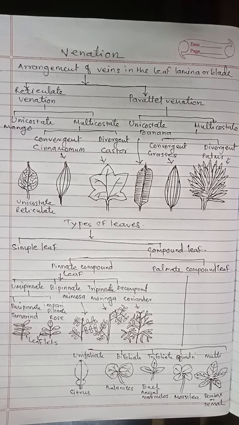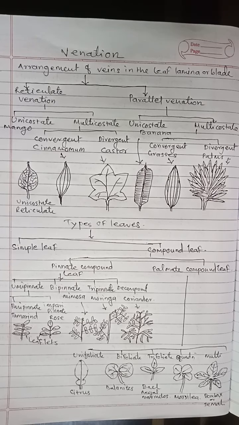Reticulate venation is of two types: unicostate reticulate venation and multicostate reticulate venation. In unicostate reticulate venation, there is only one midrib in the center which forms many lateral branches to form a network. Such type of venation is found in mango, banyan trees or peepal tree.